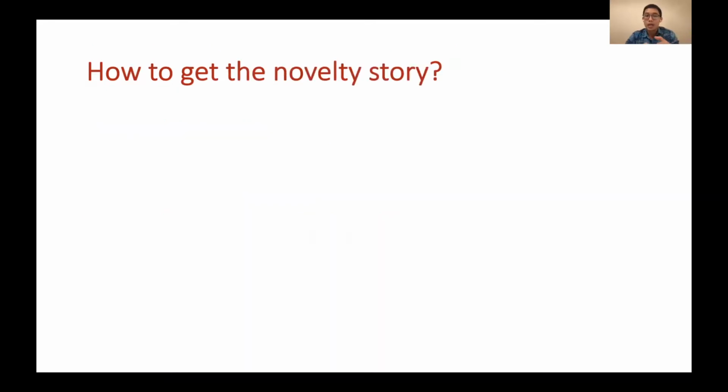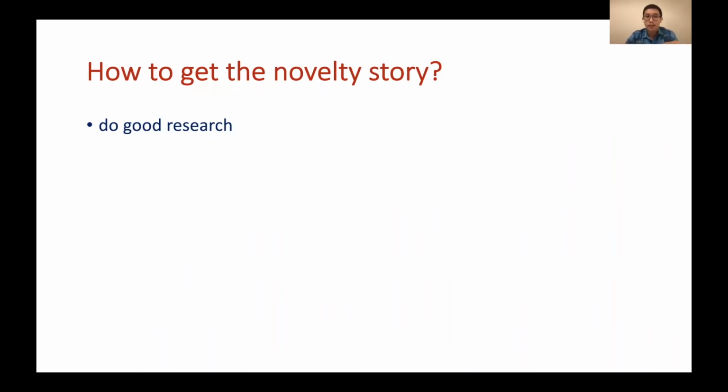Okay, so when we're talking about novelty, the new story, how do you get a novel story? The first one, do good research. Even if some of it is not novel enough, you still have to do good research.